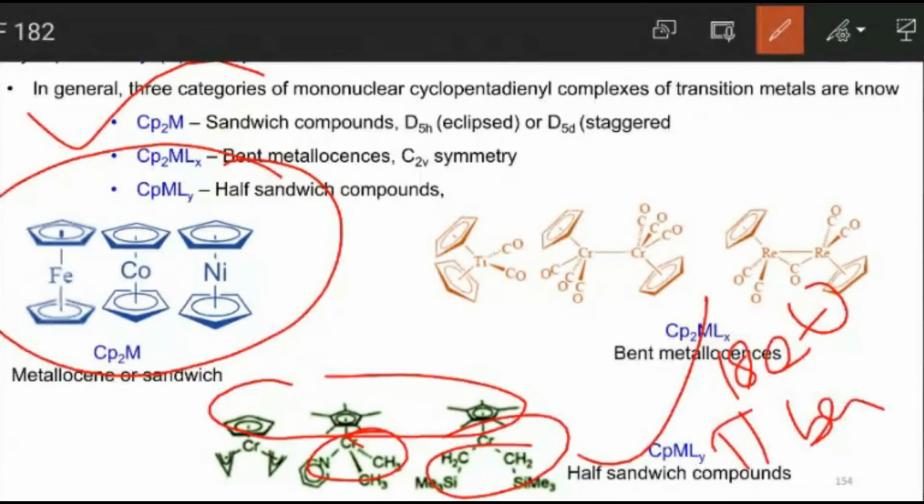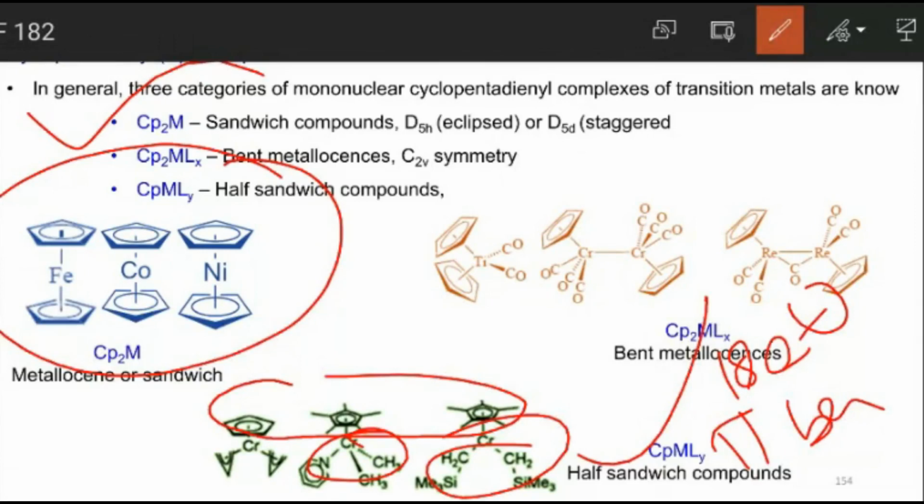Therefore, if you are given a system and asked to compare, first of all, you should be able to differentiate whether it is an organometallic compound. If it is an organometallic compound and it is a cyclic system, it will form the bent metallocene, the half sandwich compound, or a full sandwich compound. How to distinguish? That is more important, because sometimes your metal is attached only to the CP ligand, along with some ligands like Cl.